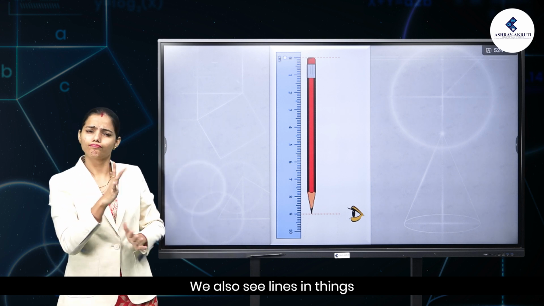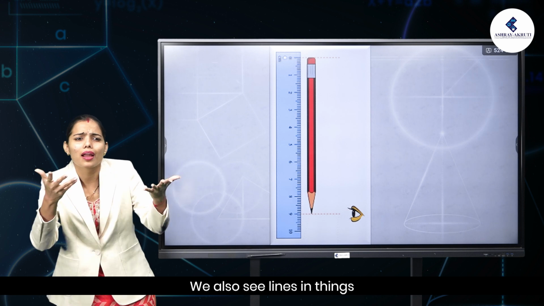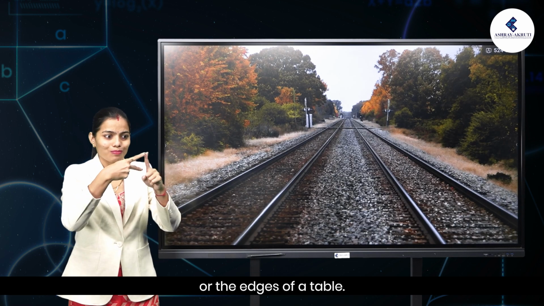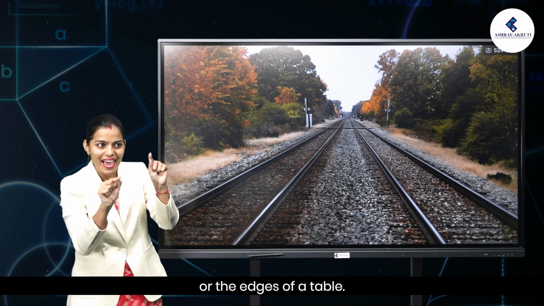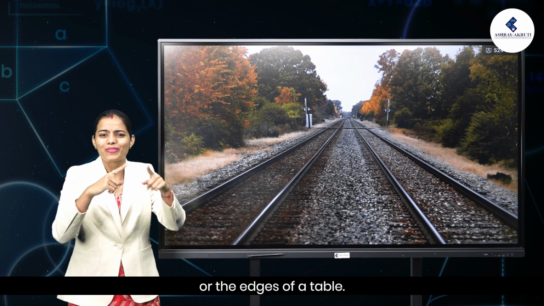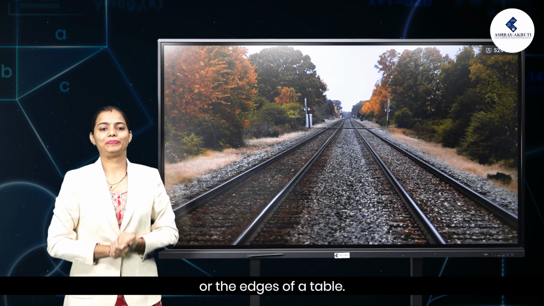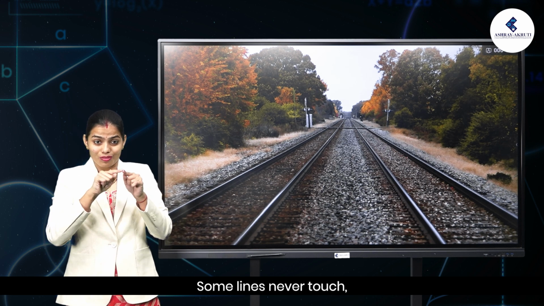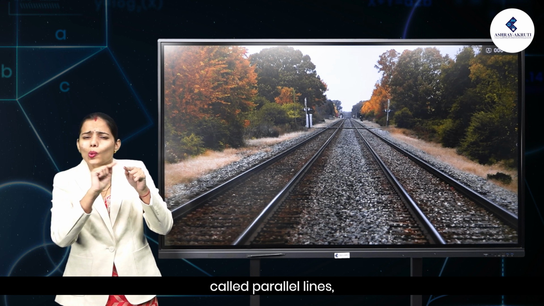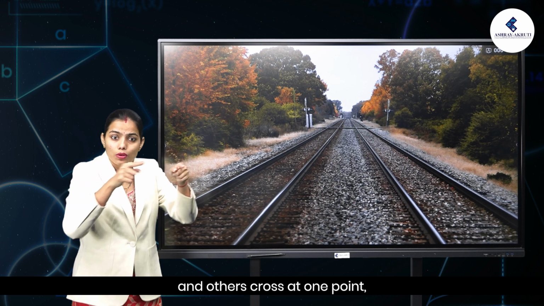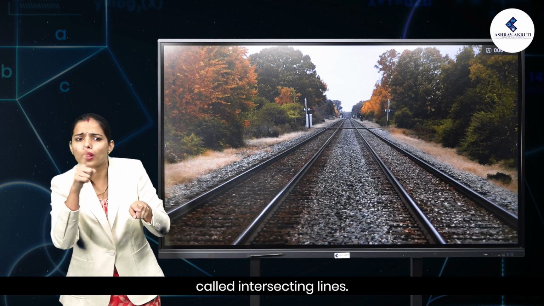We also see lines in things like railroad tracks or the edges of a table. Some lines never touch, called parallel lines, and others cross at one point, called intersecting lines.